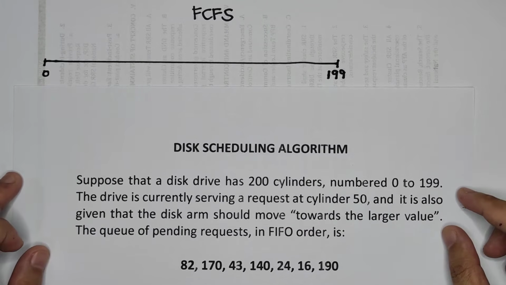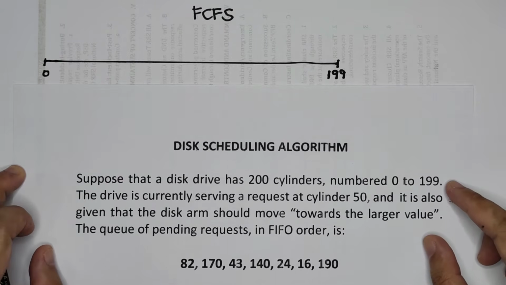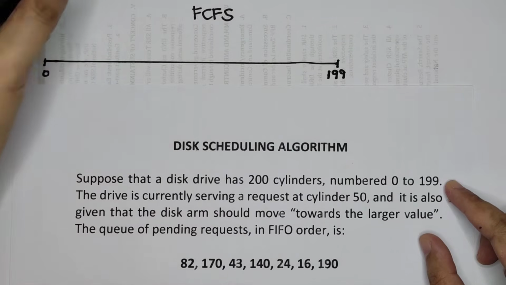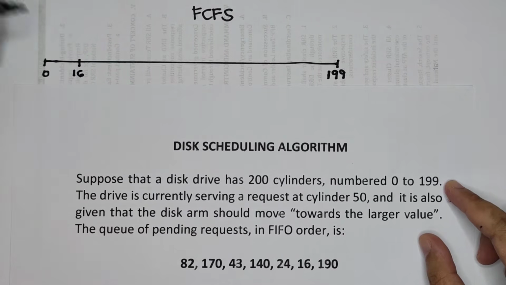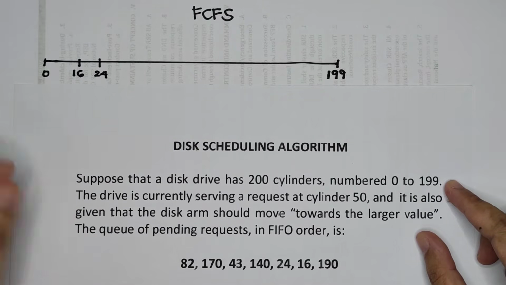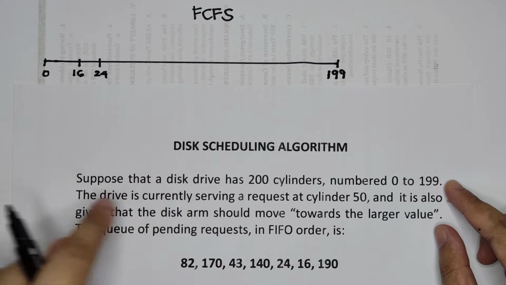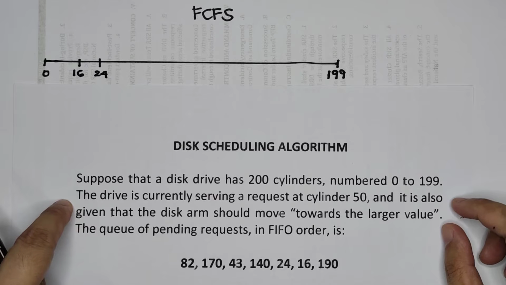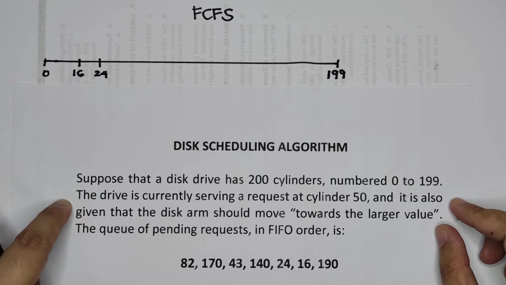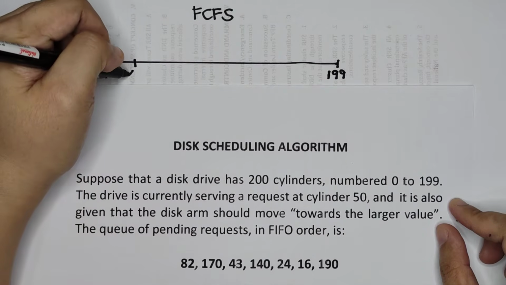In this number line, let's have the values in ascending order. So we have 0, then 16, then 24. Though 50 is not in the list, since it is stated that the drive is currently serving a request at cylinder 50, let's include 50 later on. So next we have 0, 16, 24, and then 43.